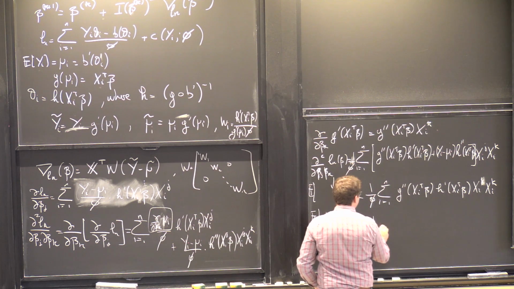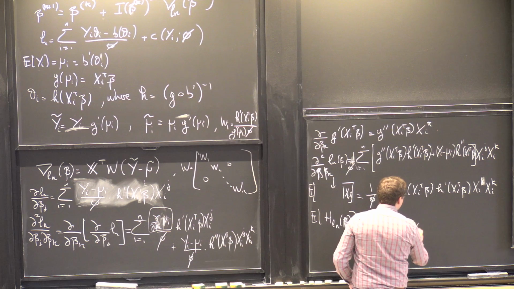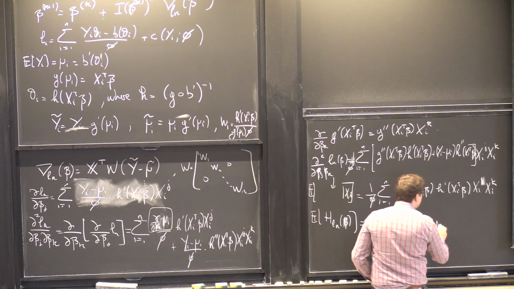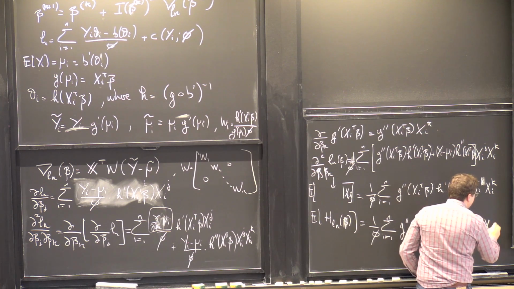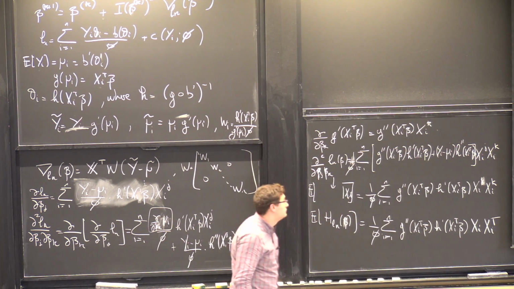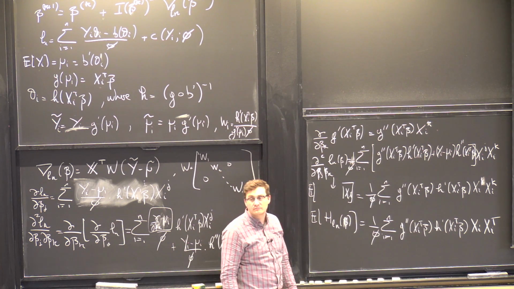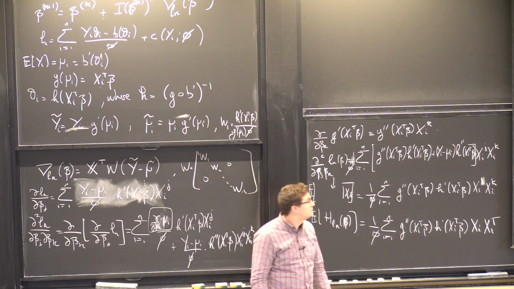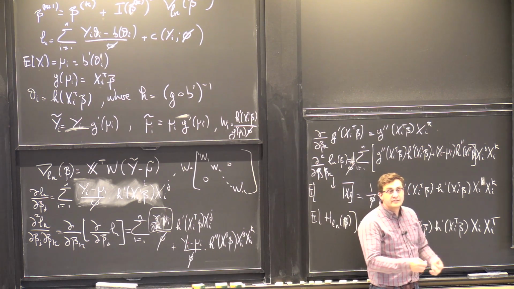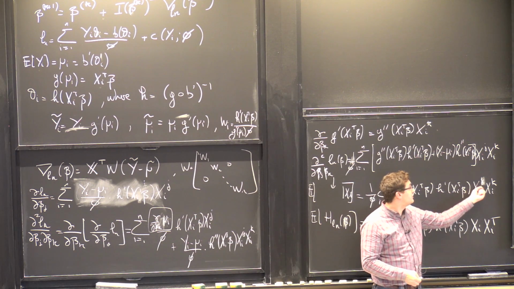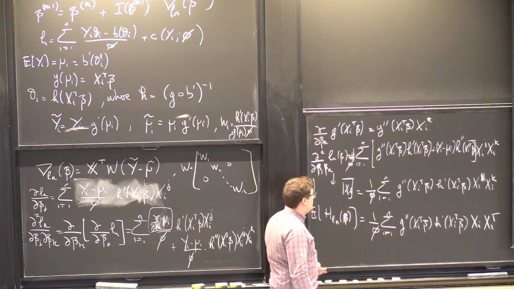So this is 1 over phi, sum from i equal 1 to n of g prime prime of x_i transpose beta, h prime of x_i transpose beta, x_i x_i transpose. Okay? And that's for the entire matrix. Here, that was just the jk-th entries of this matrix. And you can just check that if I take this matrix, the jk-th entry is just the product of the j-th coordinate and the k-th coordinate of x_i. All right.